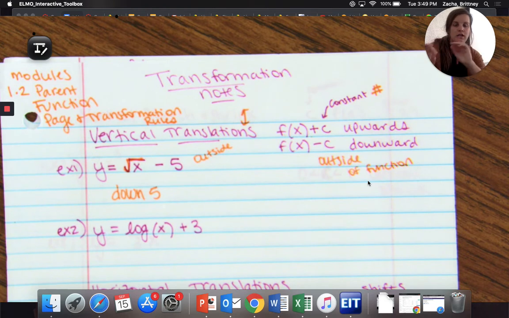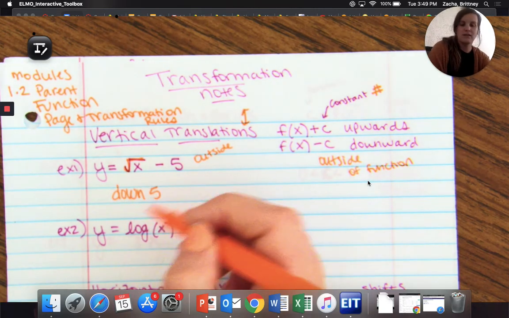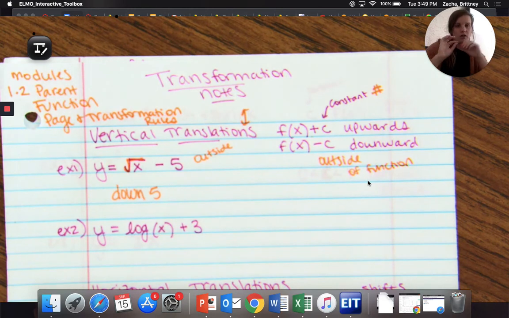You'll start understanding how to type stuff into Desmos to make it do what you want. If you watch that Desmos tutorial I've already made, it does legitimately go down 5. But if you don't believe it, type it in, and you'll see that compared to the parent, it would move down 5.